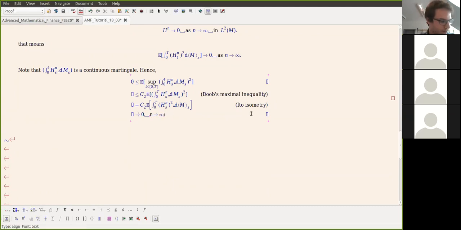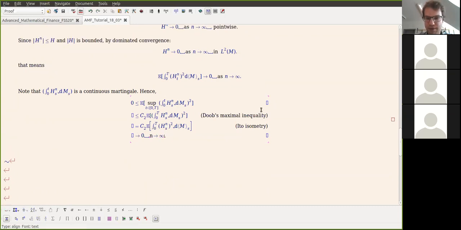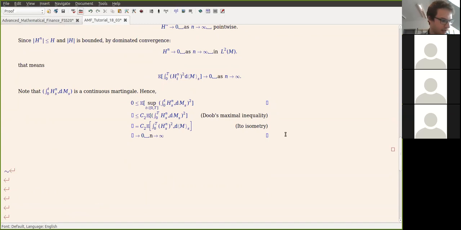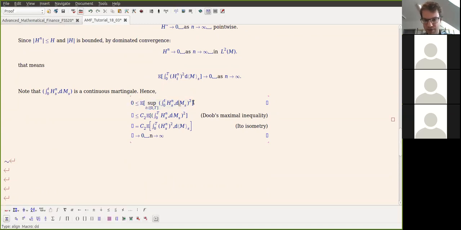Right, okay, and this is by this property here. And well, since this is a positive thing here, right? This is a supremum over the squares. This is always positive. So this is sandwiched by 0, and then it goes to 0 again.